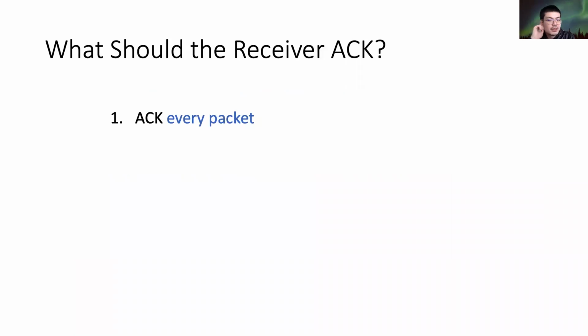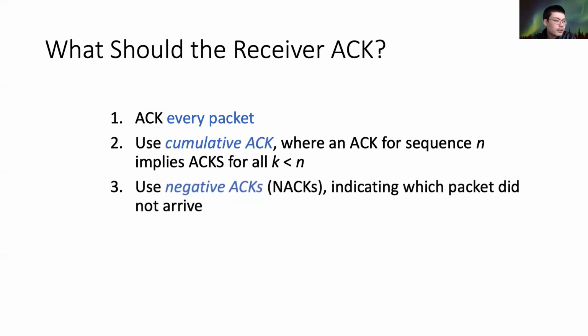So we talked about the receiver needing to acknowledge the packets it receives. So what should the acknowledger be doing? Here are the steps. You need to acknowledge every packet, because you want to make sure every packet is received. And you use a so-called cumulative acknowledgement. The acknowledgement means everything less than sequence n has been received.